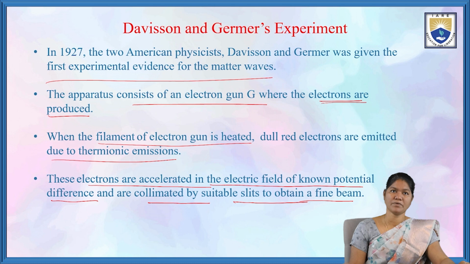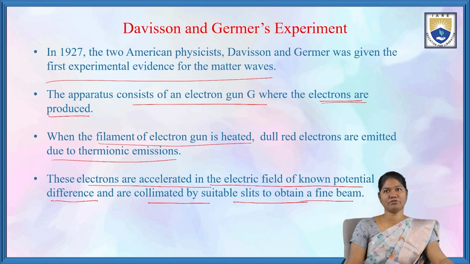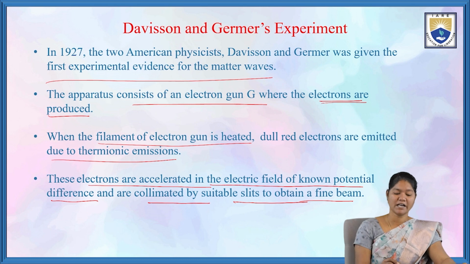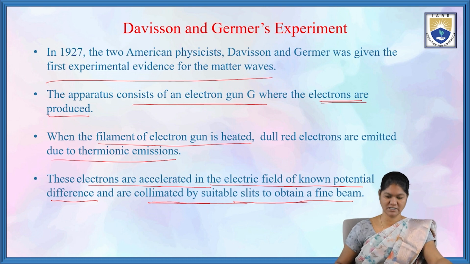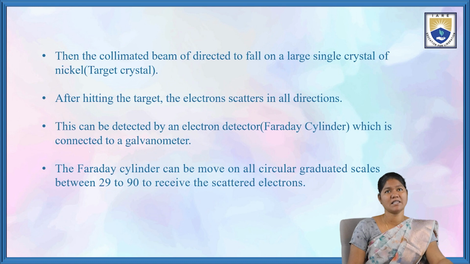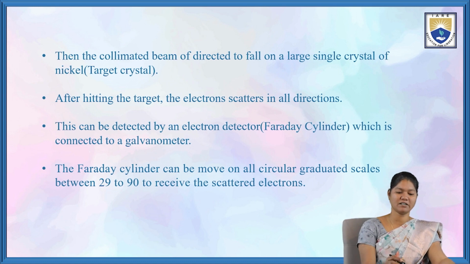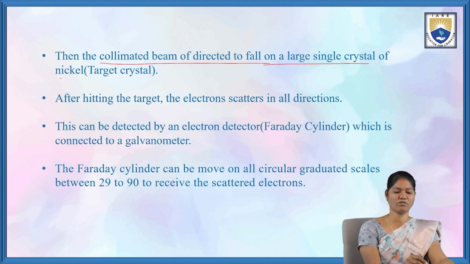So the electrons emitted by the electron gun due to thermionic emission are accelerated in the electric field, which has a certain potential difference, and then collimated by suitable slits to obtain a fine beam of electrons. Then the collimated beam of electrons is directed to fall on a large single crystal of nickel.